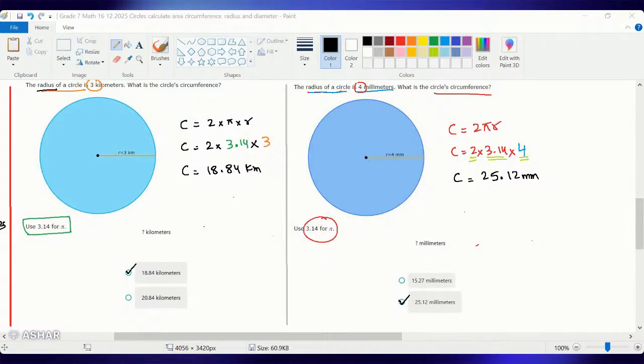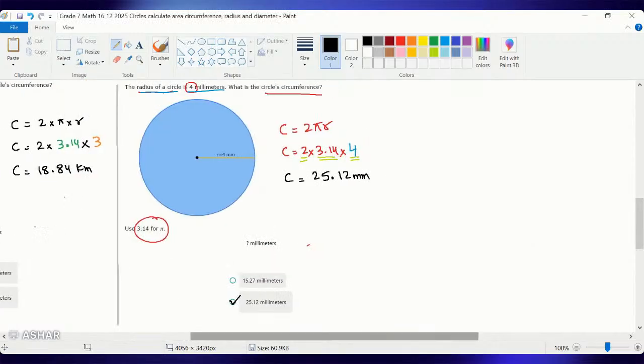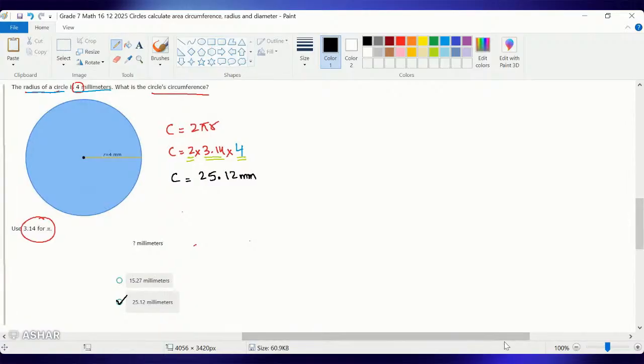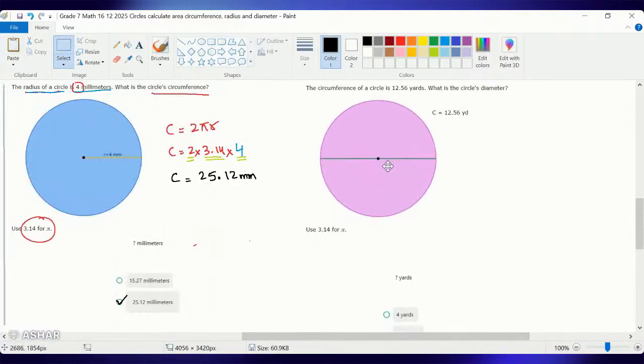The circumference is given to us and they are asking us for a diameter. I'll just copy the question so that you can have a visual. This is the question, and this is what they're asking us of, right? So in this case, the circumference is given to us and the diameter is being asked.